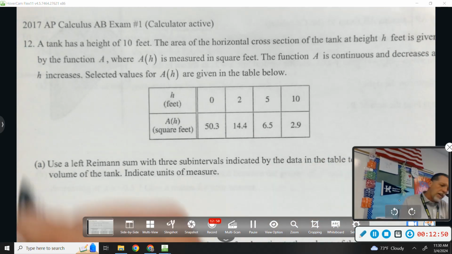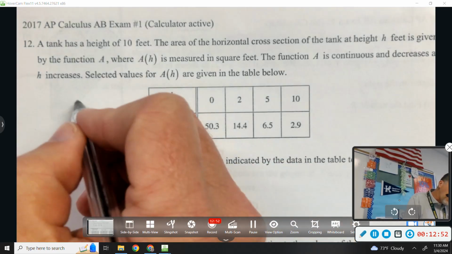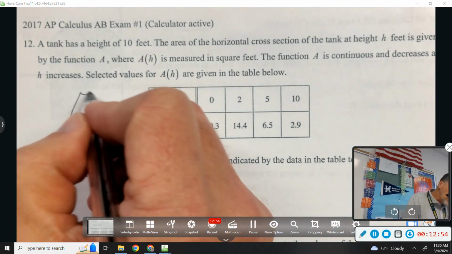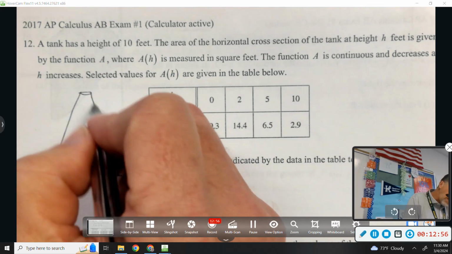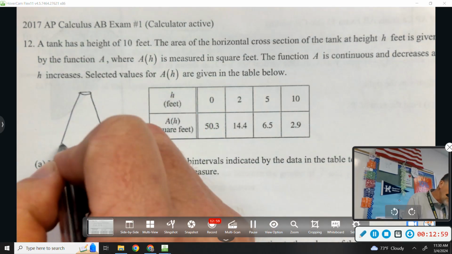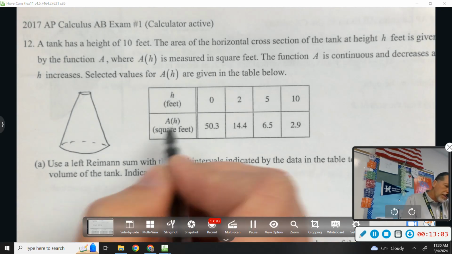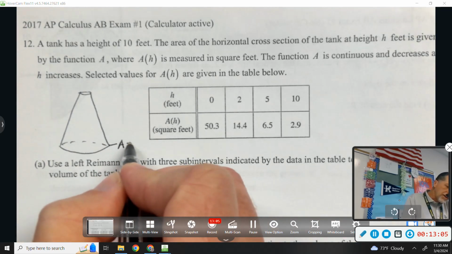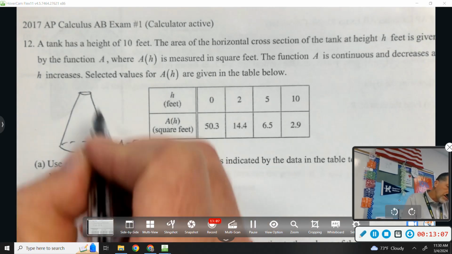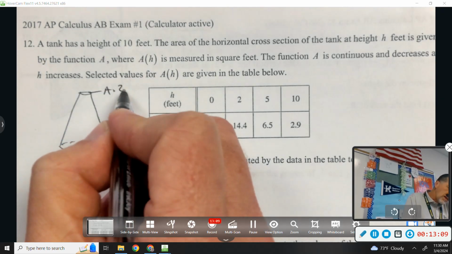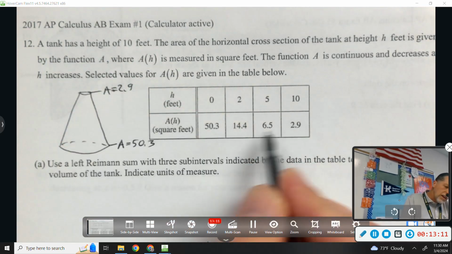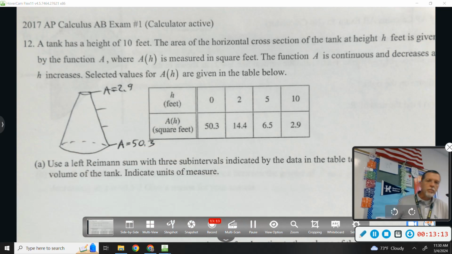So the higher we get, the less the area is. So we don't really know the shape of this tank. There's really no reason to assume it's even circular. But as we go up, at the bottom, A is 50.3, and at the top, A is 2.9. And we know some other values in between there.